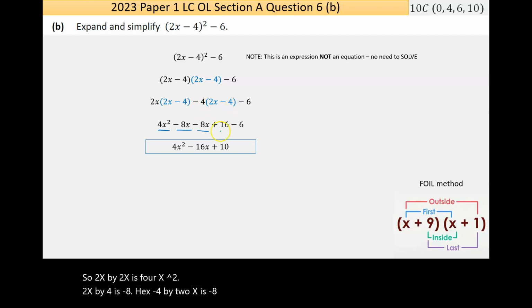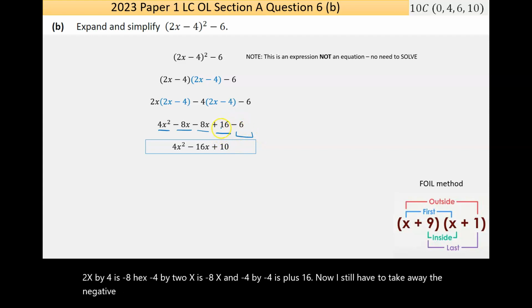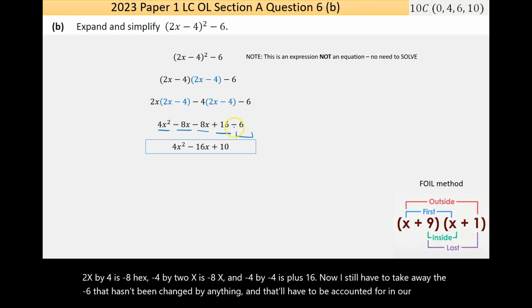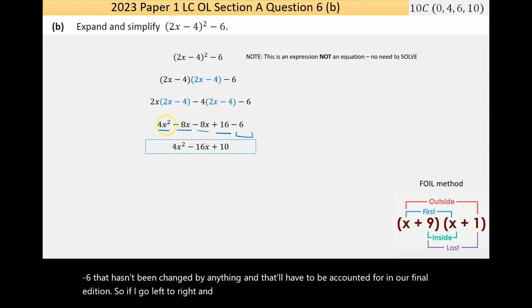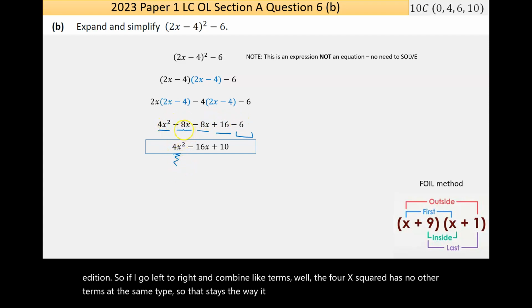And -4 by -4 is +16. Now I still have to take away the 6. That hasn't been changed by anything, and that'll have to be accounted for in our final addition. So if I go left to right and combine like terms, well, the 4x squared has no other terms of the same type, so that stays the way it is.